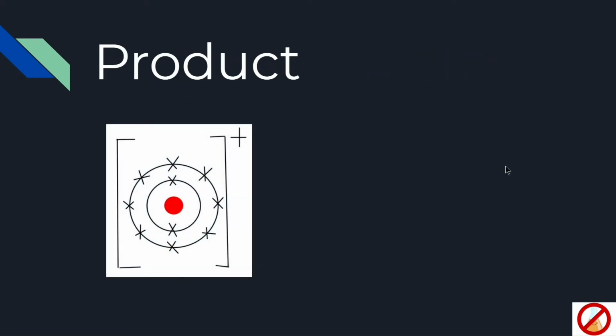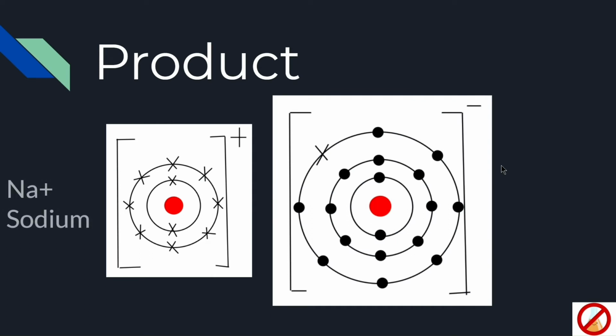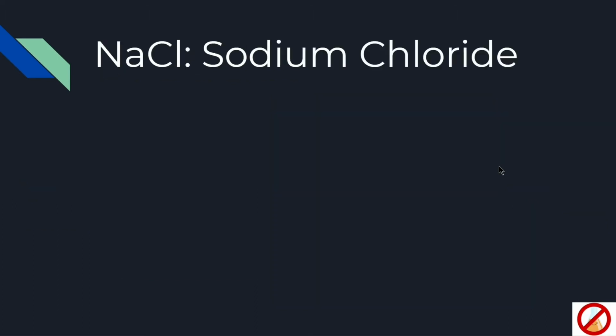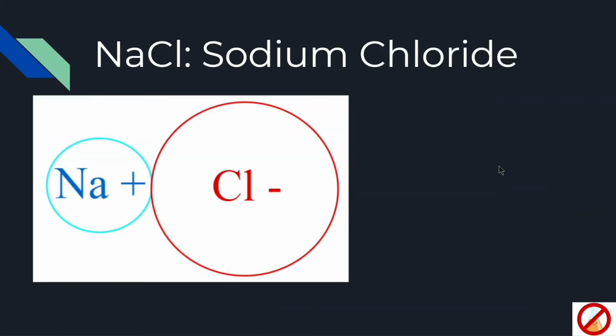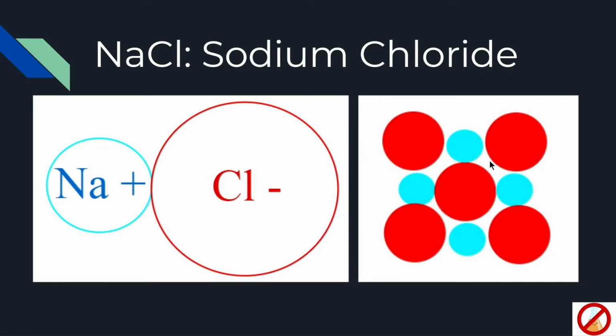The products are a sodium ion and a chloride ion, Na+ and Cl-. There is this transfer of electrons, and eventually we form sodium chloride as our final product, Na+ Cl-, which forms a structure we call an ionic lattice.